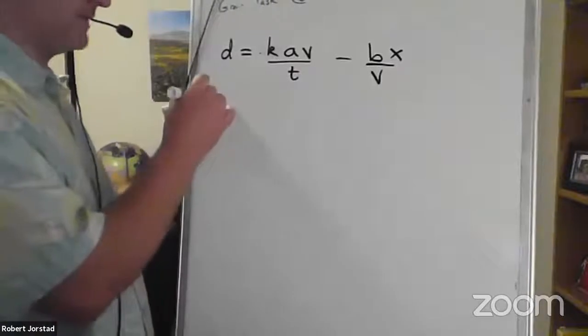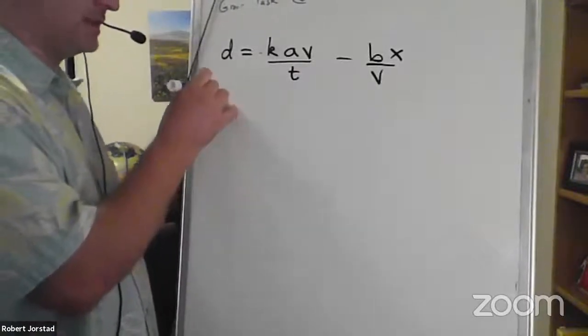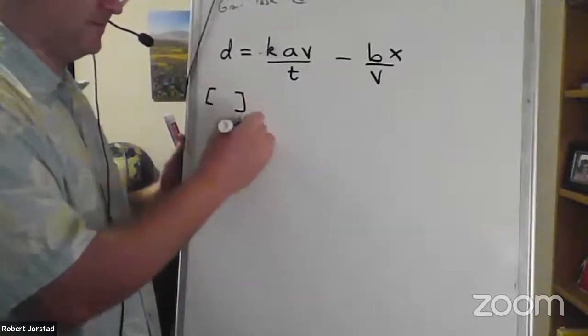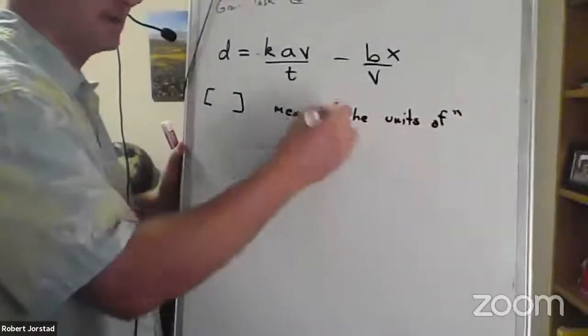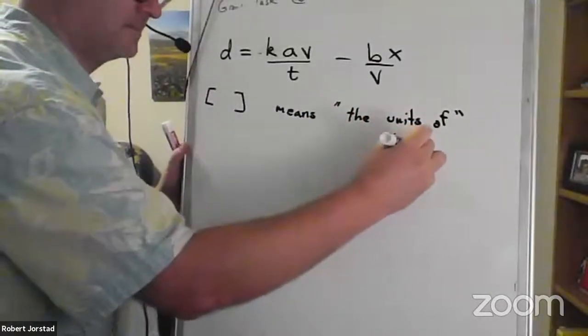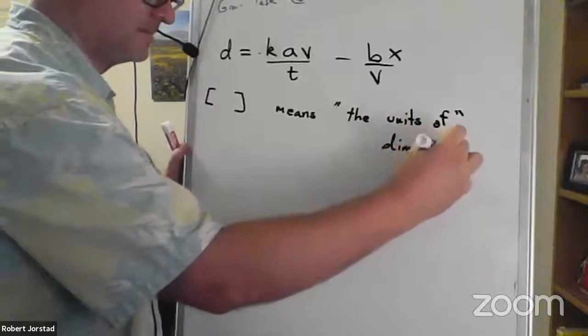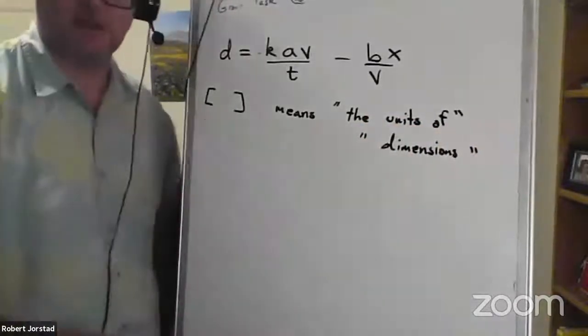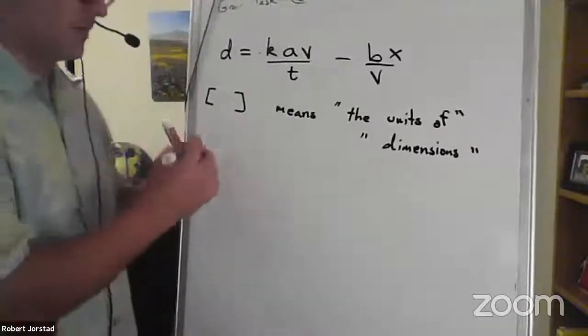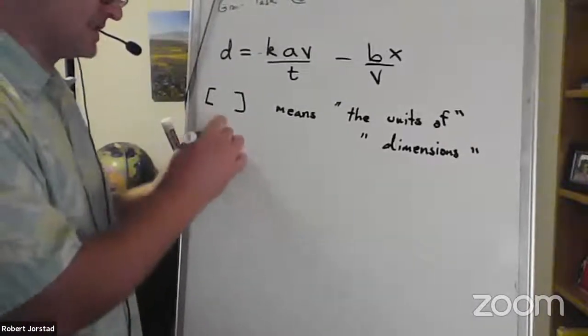Now, typically in physics, we know that the units of, that's what this means. Sometimes people say the dimensions of. Okay, so it's either the units of, we usually say the dimensions of A.